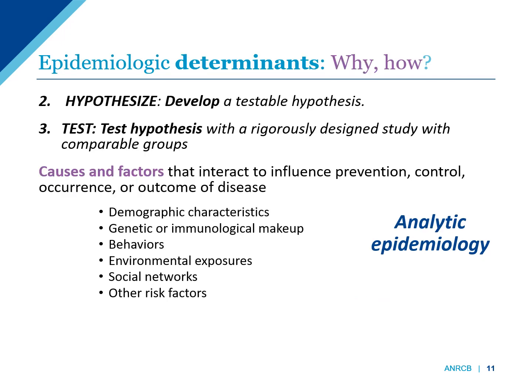The second and third step in the epidemiologic process are to use your understanding of the patterns and frequencies of disease that you found in your descriptive studies or in other researchers' studies to develop testable hypotheses and then test these hypotheses using rigorously designed studies with comparison groups.